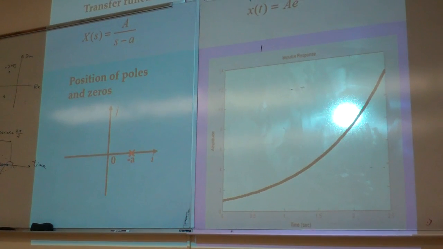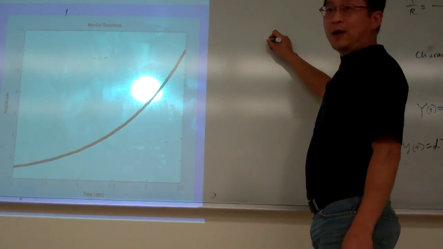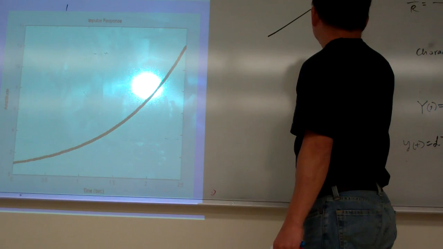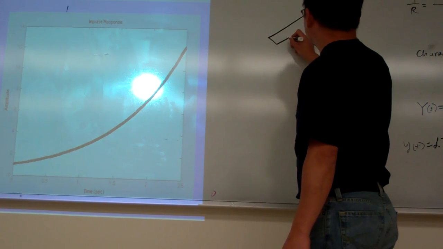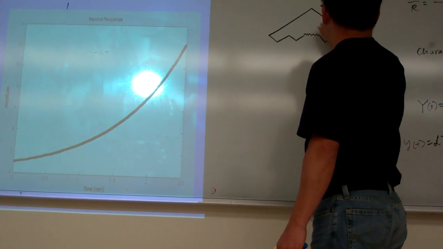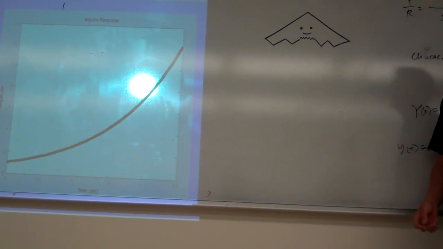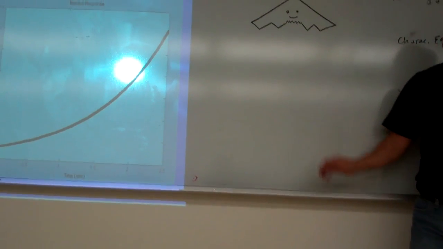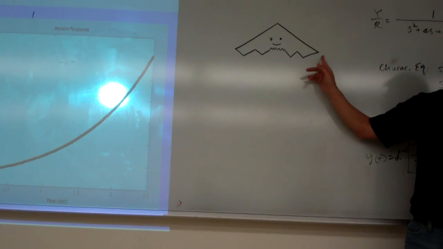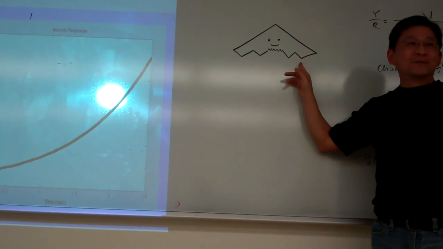All the new, I can tell you, if you have interest, our new flight jets and even the B-2 bomber. Let me try to draw this shape, something like this one. What is this? B-2 bombers. Those shapes are by nature unstable.